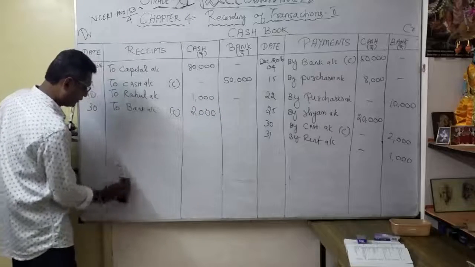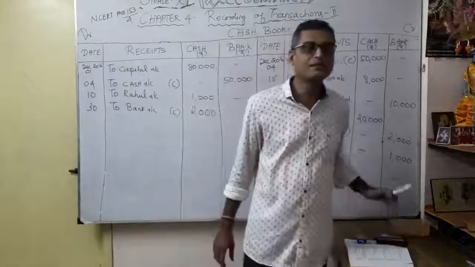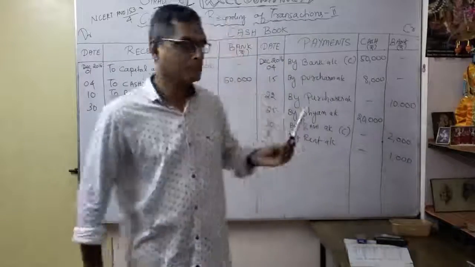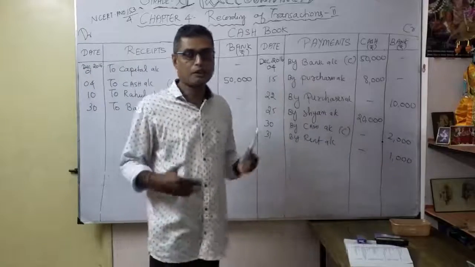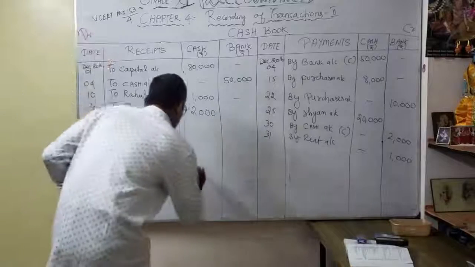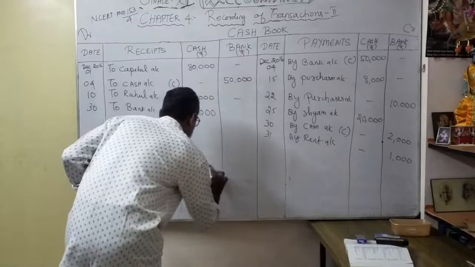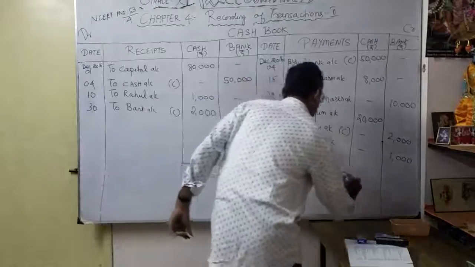Always, as you know, cash is always a favorable balance. That means cash receipts are more than payments. It is always a positive balance. Okay, so here I put it here, and equally I put a dash here.